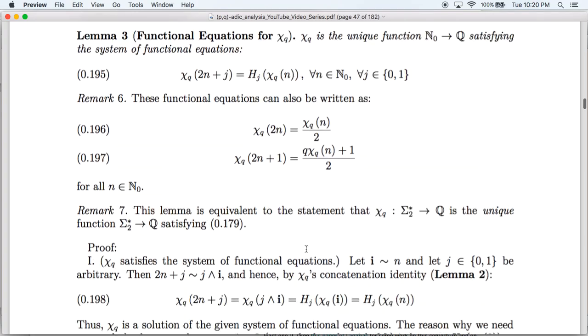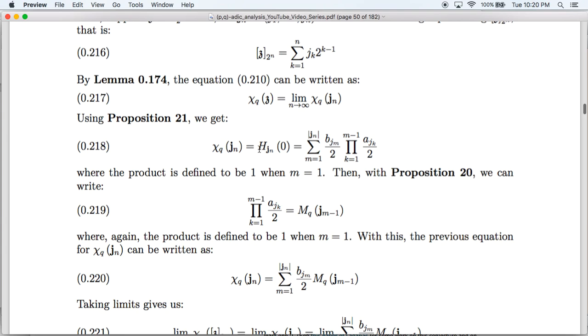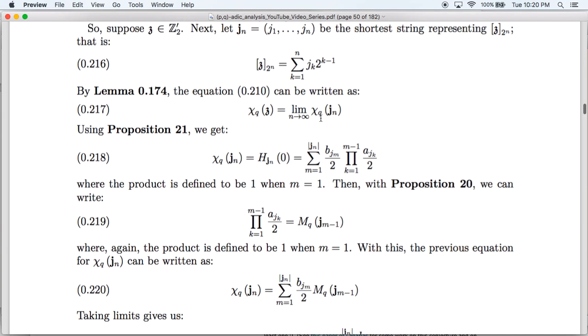By that, chi-q of z mod 2 to the n is chi-q of the string representing z mod 2 to the n. And then by definition, this is going to be h of bold jn of 0, which using our explicit formula is this sum: m equals 1 to the number of terms in bold jn of bjm over 2 times the product of ajk over 2 from k equals 1 to m minus 1, where the product is defined to be 1 when m equals 1.